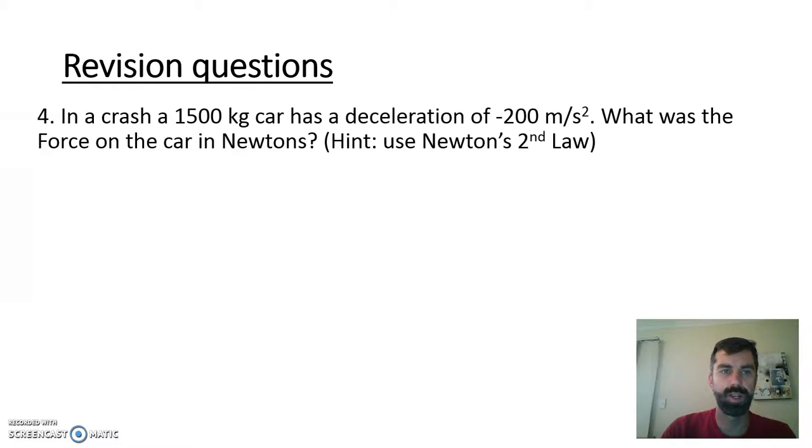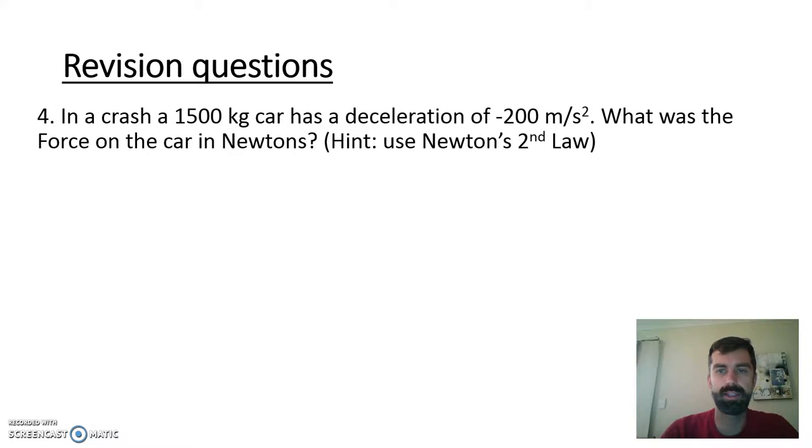Okay, question 4. In a crash, a 1,500 kilogram car has a deceleration of negative 200 meters per second squared. It's negative because it's decelerating, so it's slowing down in a crash because it's hit something and it's slowing down really, really rapidly. So what was the force on the car in newtons?